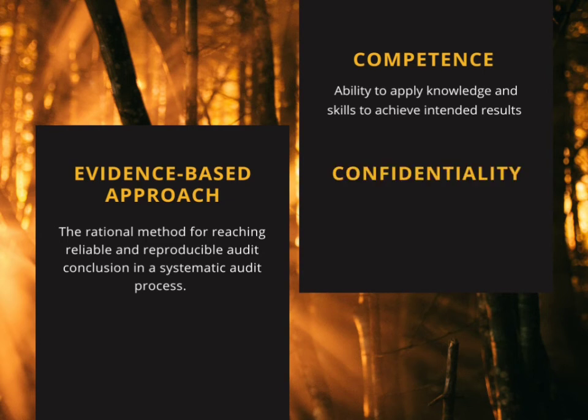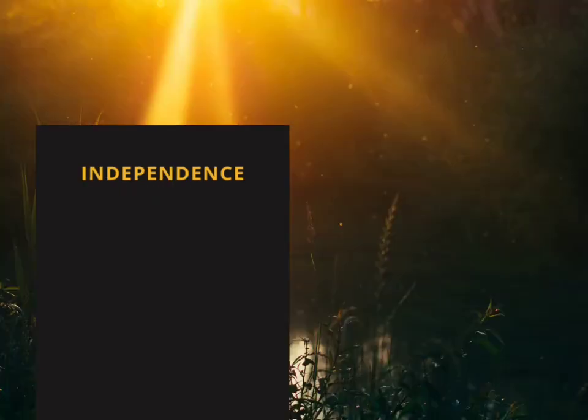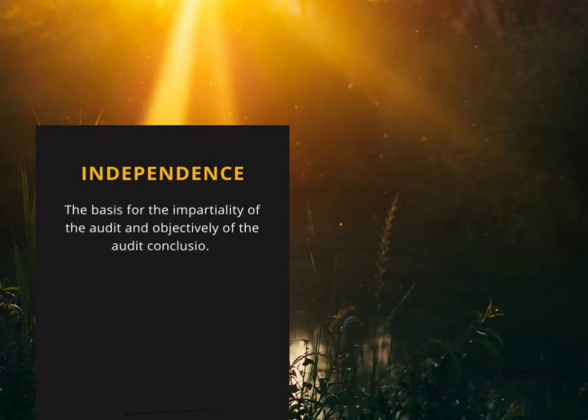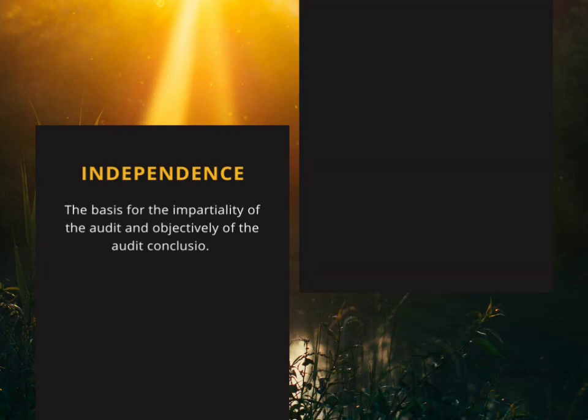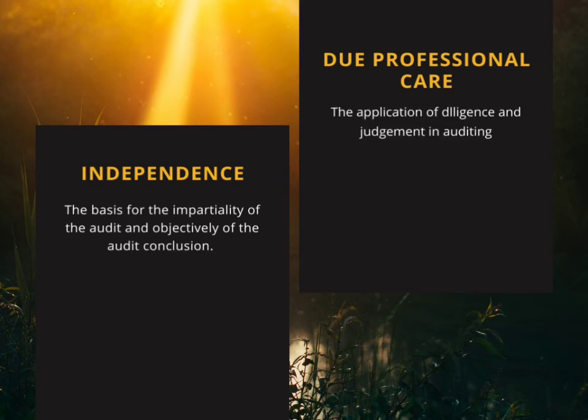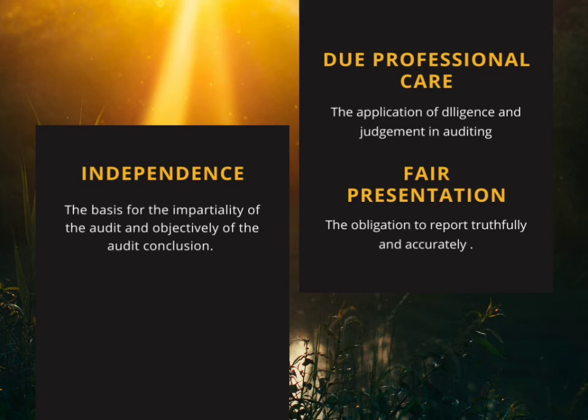Thirdly, confidentiality, meaning the security of information. Fourth, independence, the basis for the impartiality of the audit and objectivity of the audit conclusions. Last but not least, due professional care means the application of diligence and judgment in auditing. Finally, fair presentation refers to the obligation to report truthfully and accurately.